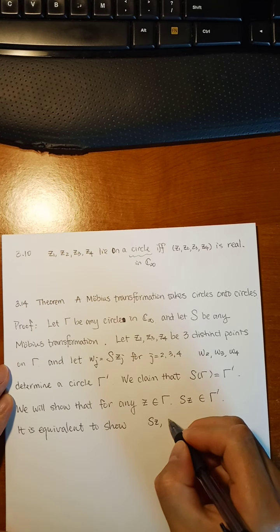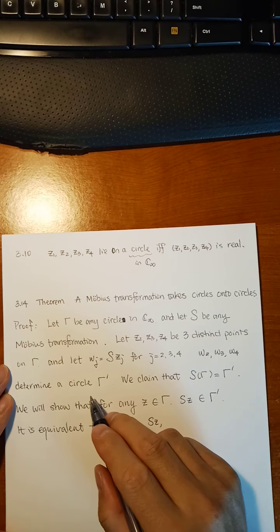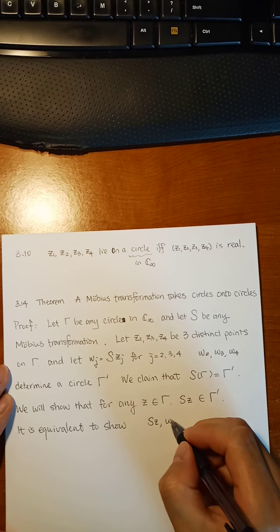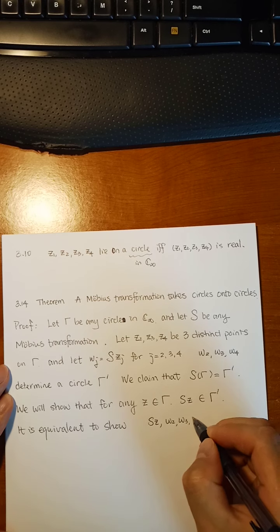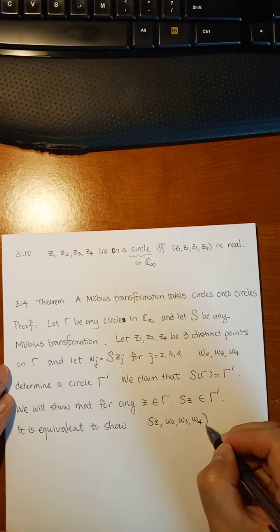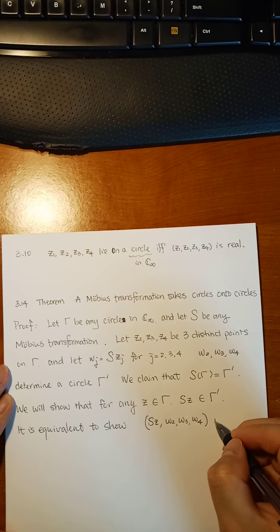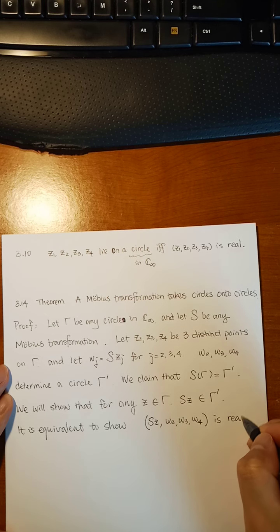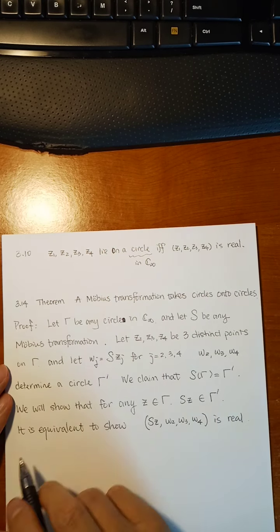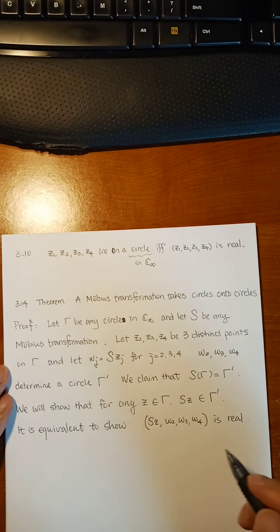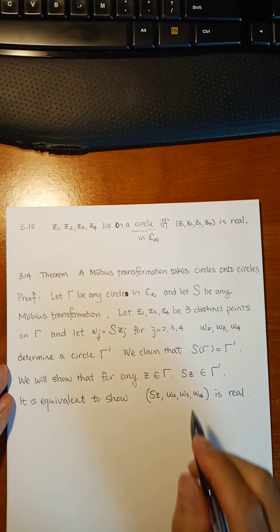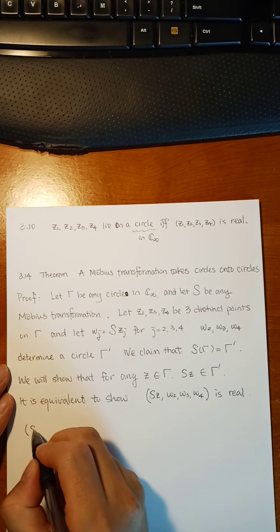that, since gamma prime is determined by w2, w3, w4, the cross ratio of S of z, w2, w3, w4 is real. Let's check what this is.